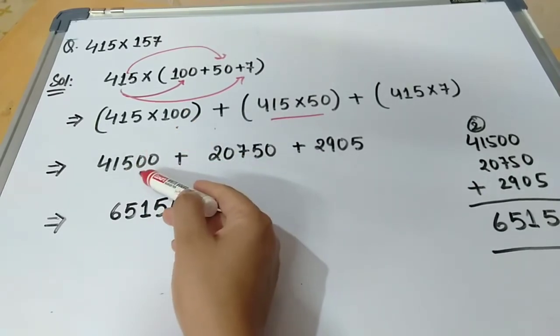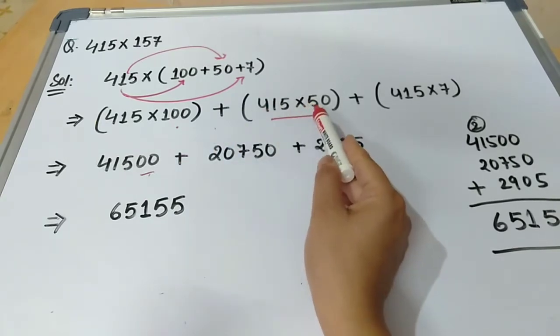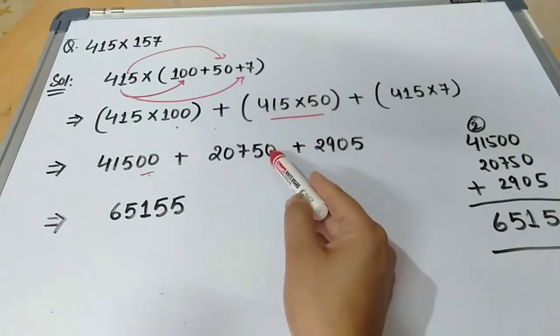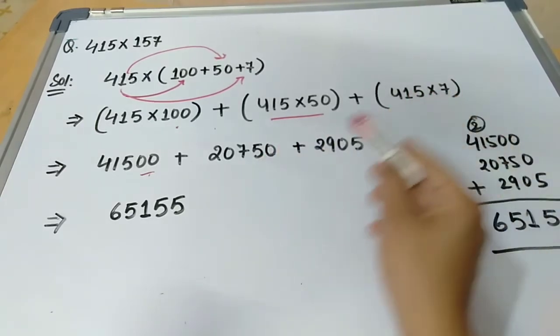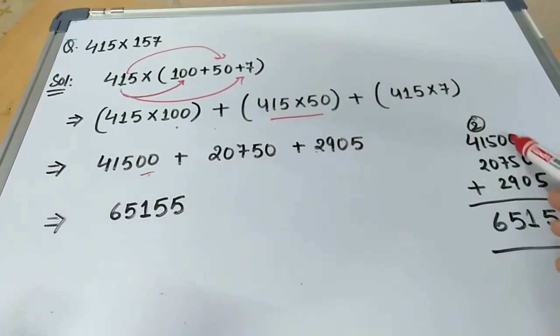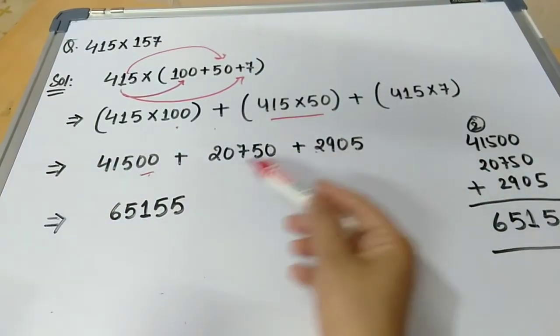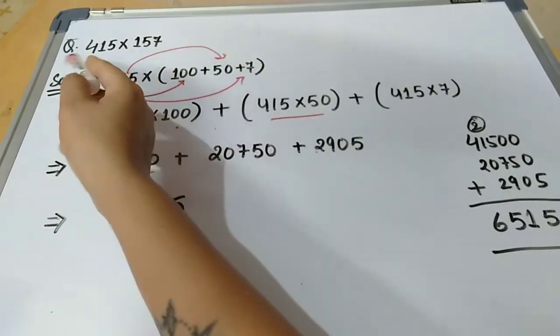You just write the 2 zeros and the number, plus when you multiply it by 5 and write the 0 at the end, you will get this, and multiply it by 7, you will get this. Now you have to add all the 3 numbers. So you can add it like this, and when you add, you will get the answer rather than multiplying it directly.